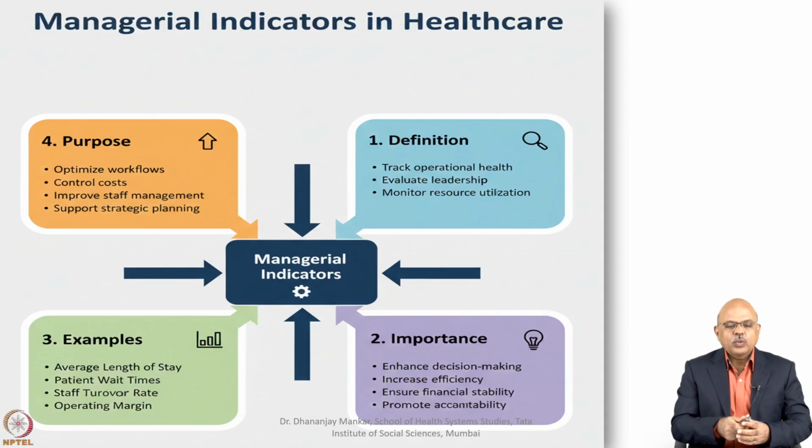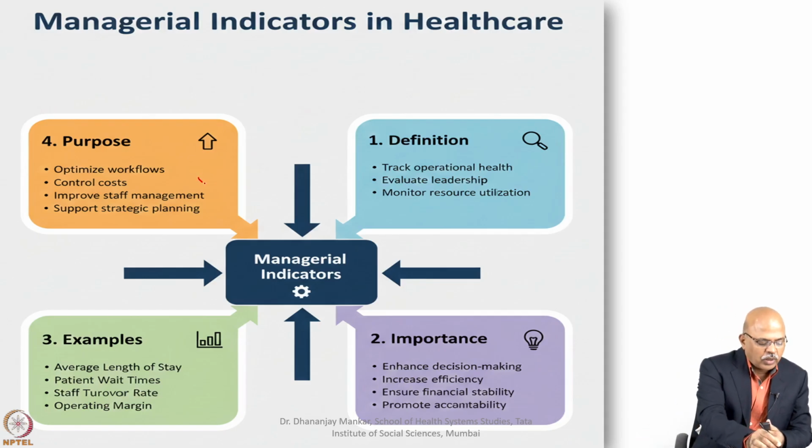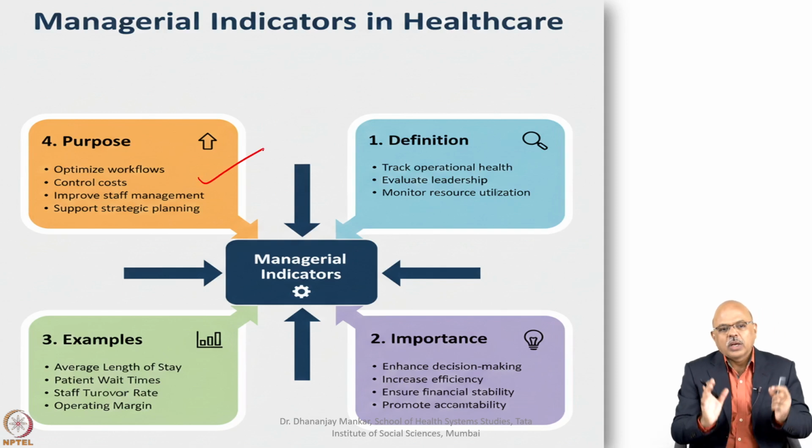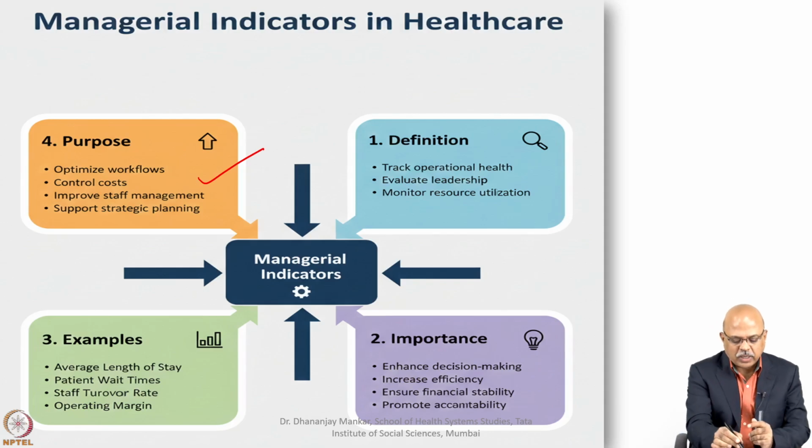So when we point towards these managerial indicators in healthcare, first is the purpose, that is to optimize workflow, control cost, improve staff management, and support strategic planning. But when we need to start, we need to think about what the managerial indicator is actually tracking. It tracks the operational health part.